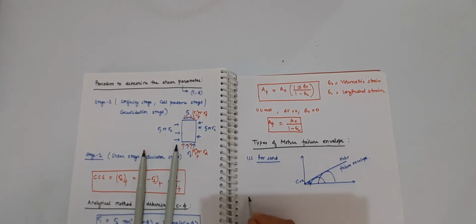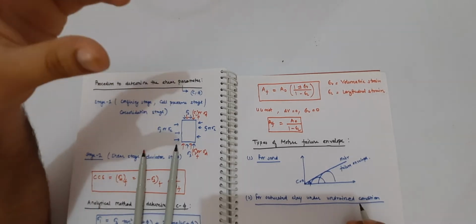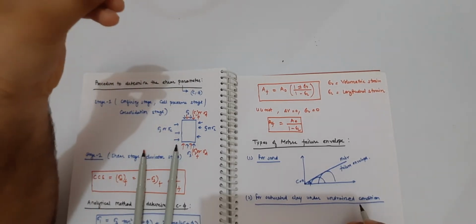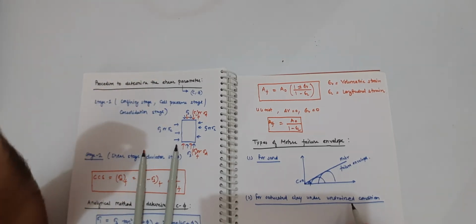For saturated clay under undrained condition, we know that saturated clay has cohesion. Undrained means the valves are closed, there is no drainage. If it is an unconsolidated undrained test, we call it a quick test.